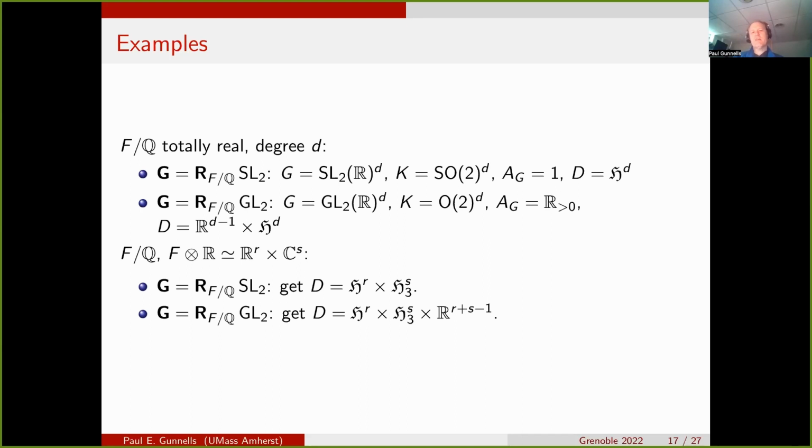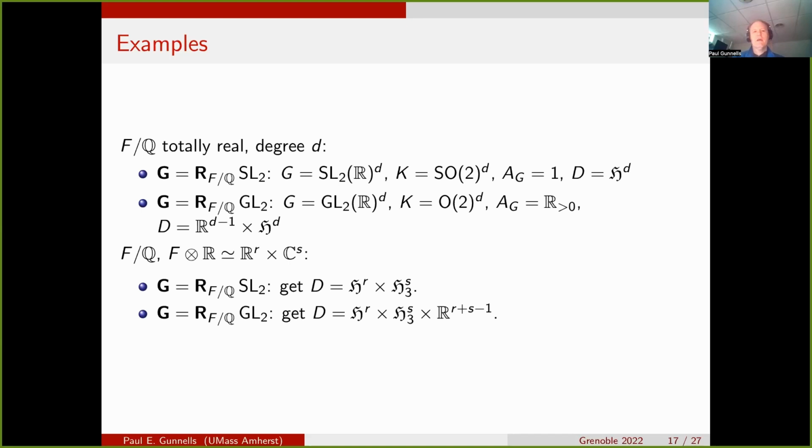And the maximal compact subgroup, each one of them is SO2, and we have D of them. So we just get a product of D hyperbolic planes. When we do GL2, now finally we do have a split component, a non-trivial split component. The maximal torus inside GL2 that is in the center is just putting a copy of Q in each, the scalar matrices with rational entries sitting inside GL2.